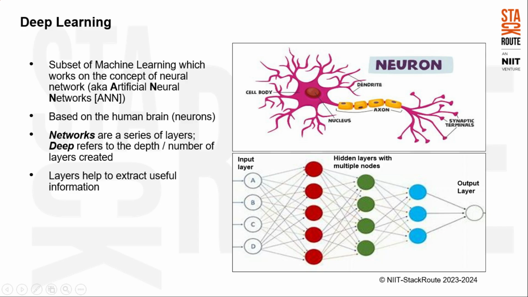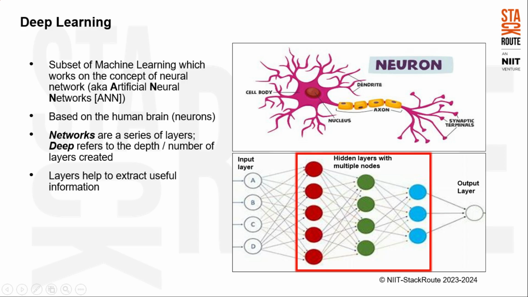Now all the action where the prediction happens is within the hidden layer. So that's the center part of the diagram below. If you look at this diagram, we have three nodes, the one in the red, the one in the green, and then we have the blue. These are called nodes.